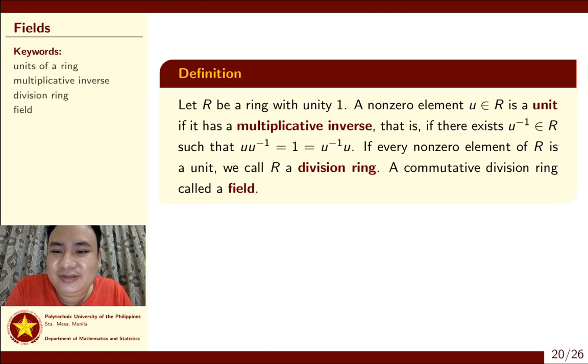Ba't kaya tinawag na division ring? Kasi kapag ang ring ay division ring, division is now possible. Pwede kang mag-divide. Even more, kung division ring mo ay isang commutative ring, yung multiplication commutative pa, ang tawag namin dyan ay field. Okay? So, to summarize, may na-observe ba kayo?